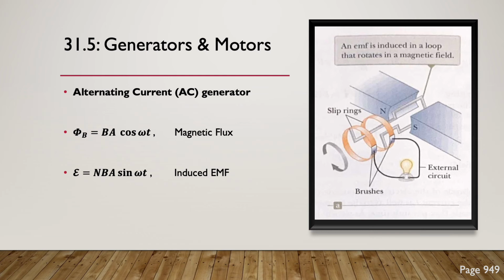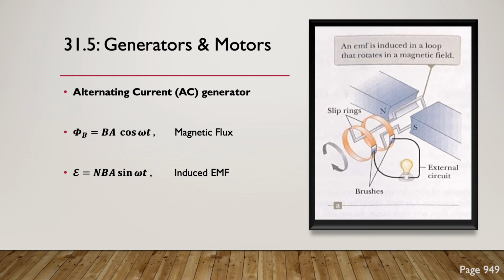The ends of the loop are connected to slip rings that rotate with the loop, and the connections from these slip rings act as output terminals for the generator. And these go to the external circuit that are made by stationary metallic brushes in contact with the slip rings.